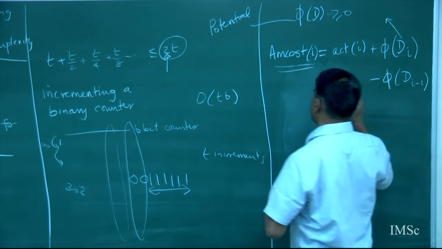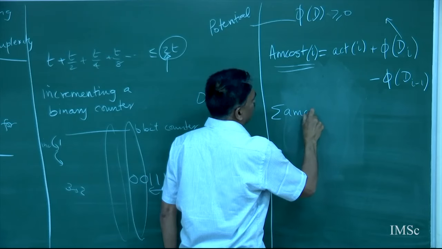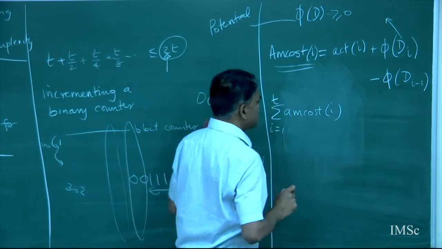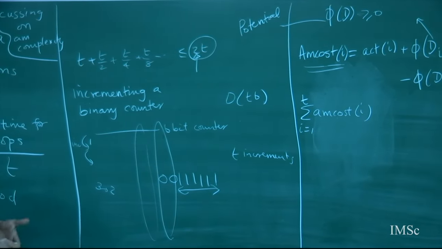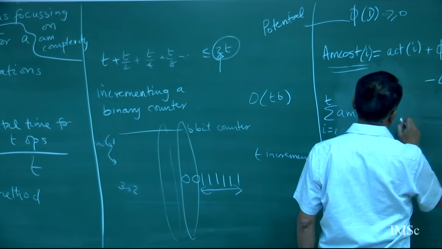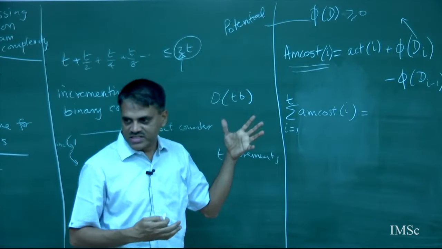So this is something I did not do last time. Let's say I do this summation of amortized cost, for T operations in total. My goal is always a sequence of T different operations on my data structure. I'm just trying to tell you why this formula makes sense and why it is justified.